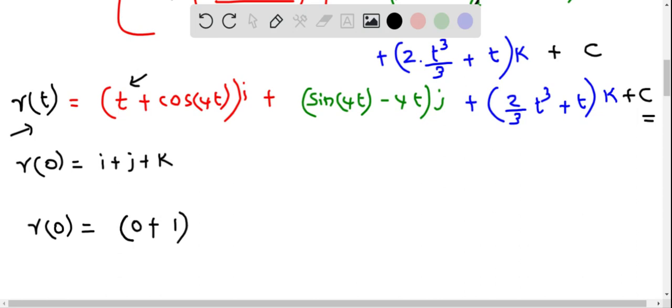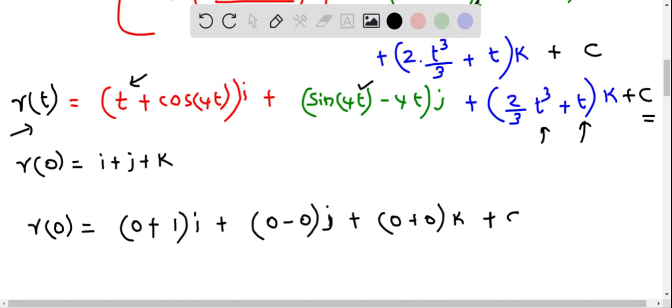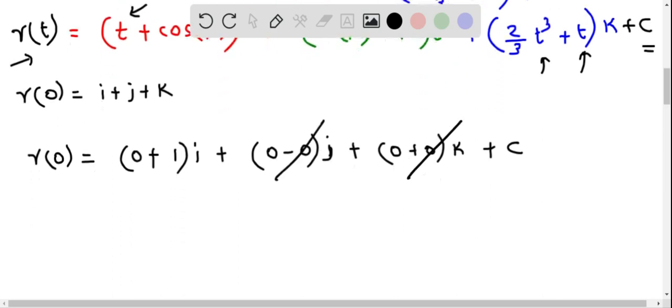Cos of 0 is 1, times i, plus sine of 0 is 0, minus 4 times 0 is 0, so we get 0 minus 0 for the j component, plus 2/3 times 0 is 0, and t replaced by 0 is also 0, times the k component, plus c. So the j component and k component vanish, and we are left with only the i component, that is 1 times i, which is i, plus c.